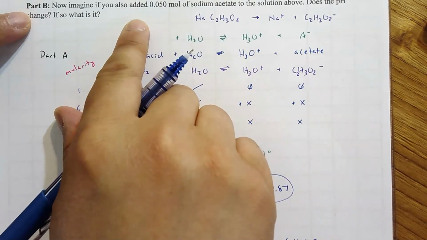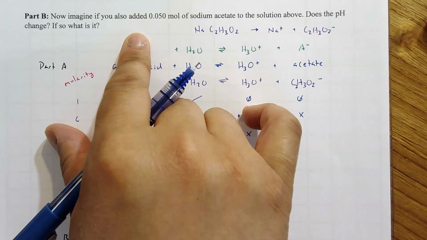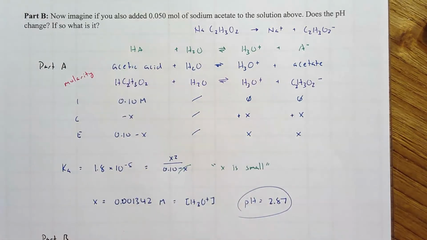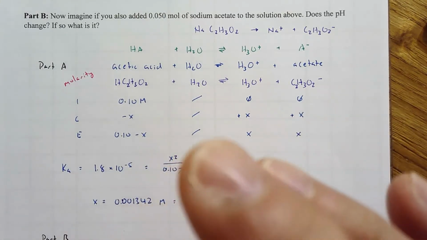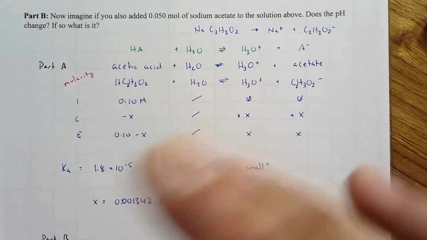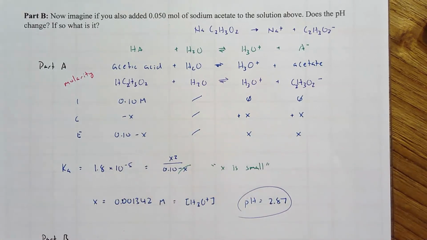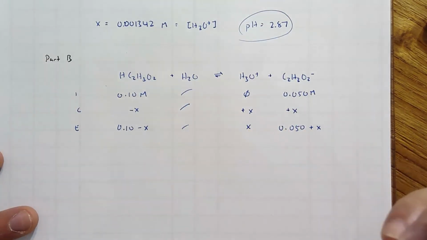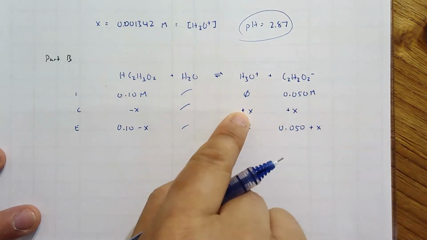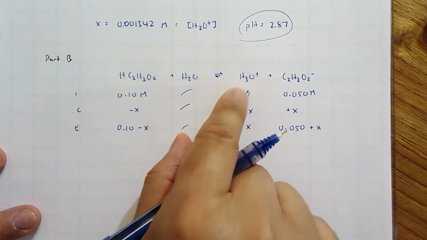The problem here says you're just adding everything together, which is perfectly fine. But when you think about Le Chatelier and you're trying to wrap your head around, well, how do I know that it's shifting? Well, Le Chatelier says you have an equation at equilibrium, and then you shift. But we're not doing it that way. We're throwing everything into the same pool and realizing, again, that this has to be plus x. You have to make H3O plus.